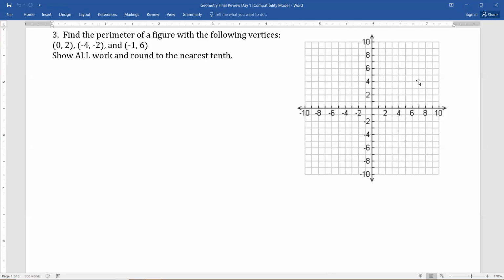So first thing I'm going to do is just graph them. So to graph 0, 2, start at the origin, go left or right 0, and then up 2. To graph -4, -2, left 4, down 2. And then -1, 6 up here.